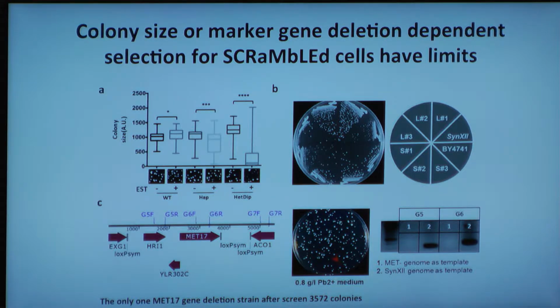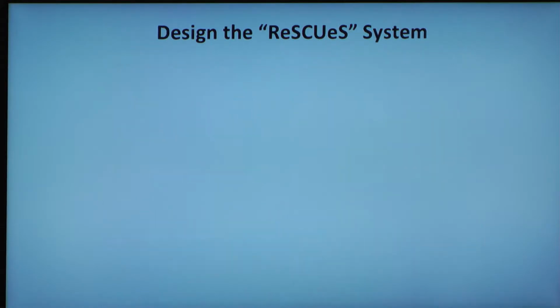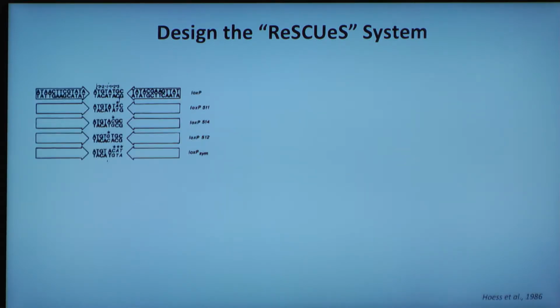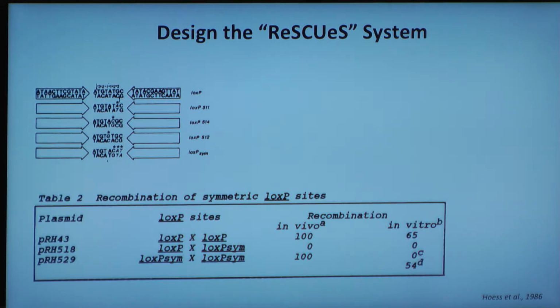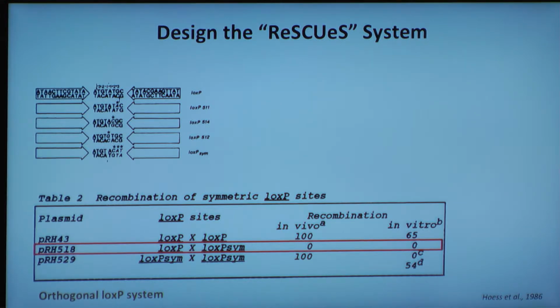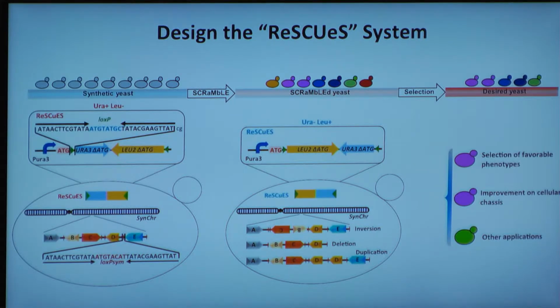So in order to solve this problem and to identify a lot of those SCRaMbLEd genomes, we tried to design a rescue system. We used the symmetric LoxP site as shown here, and from this literature, we can see that this symmetric LoxP site is orthogonal to the LoxP site. Therefore, based on this literature, we designed a rescue system, a reporter of the SCRaMbLE system, using these LoxP sites.